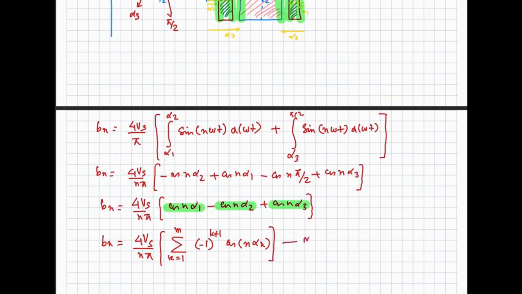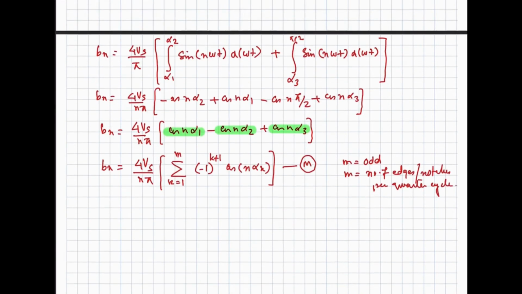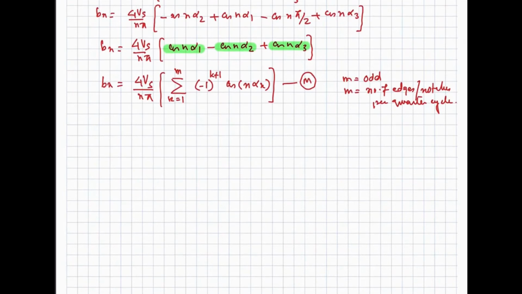This is the main equation that is generic for any odd number of edges, where m is odd in this case and m represents the number of edges or notches per quarter cycle. Now from this we can say that we can cancel three sets of harmonics.